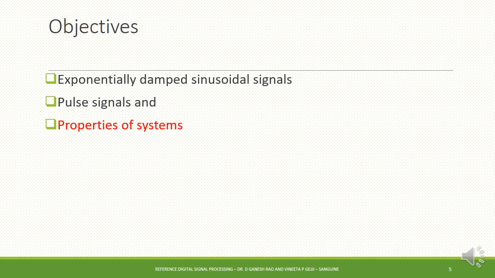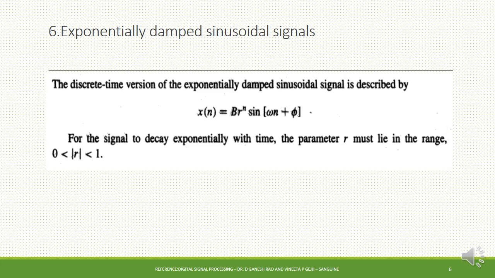First, let us begin the session with the exponentially damped sinusoidal signals. The discrete time version of the exponentially damped sinusoidal signal is described by x of n is equal to b r to the power of n sine of omega n plus phi.